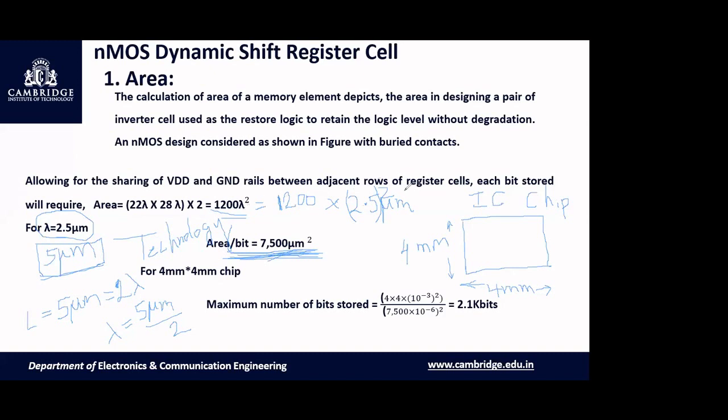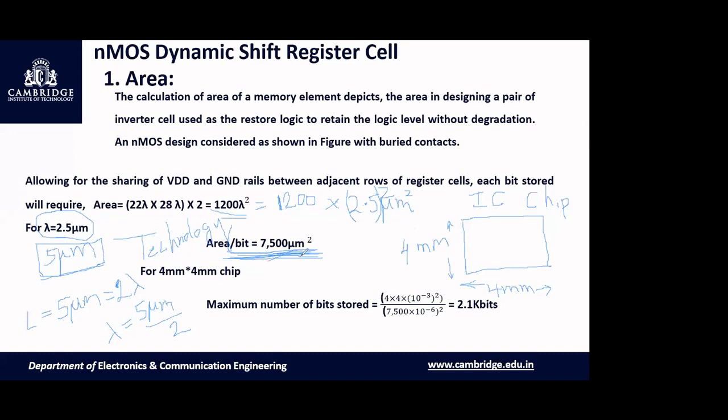You multiply by 2.5 again. Now you are getting it? Yes, sir. Okay, sorry, I forgot. This is lambda square. We substituted for lambda, so that should be squared. When you square, you'll get 7,500 micrometer square.